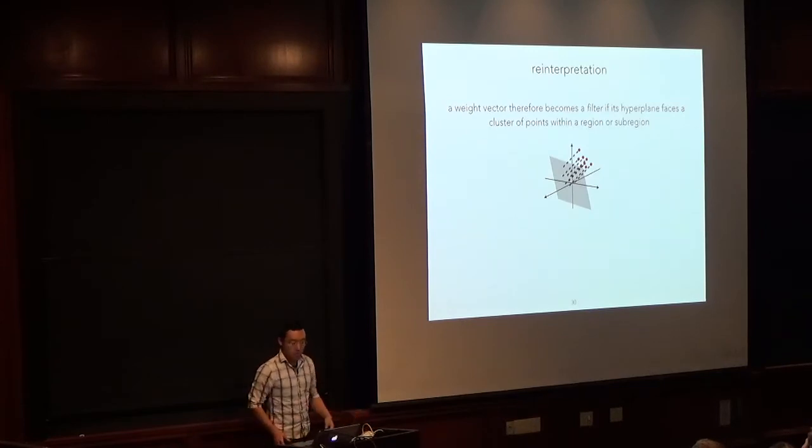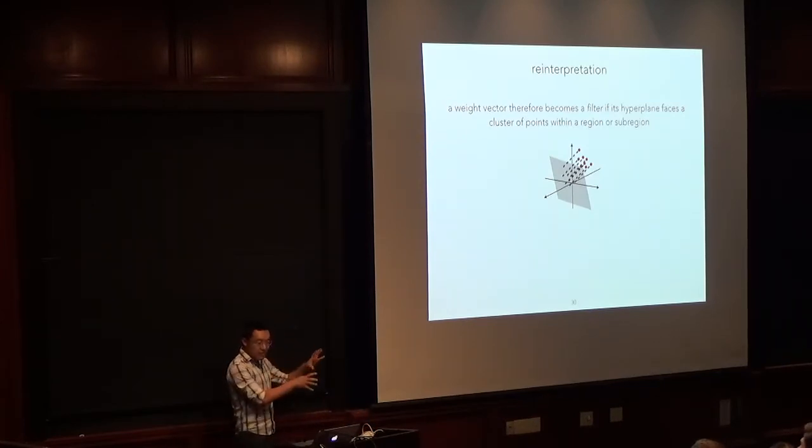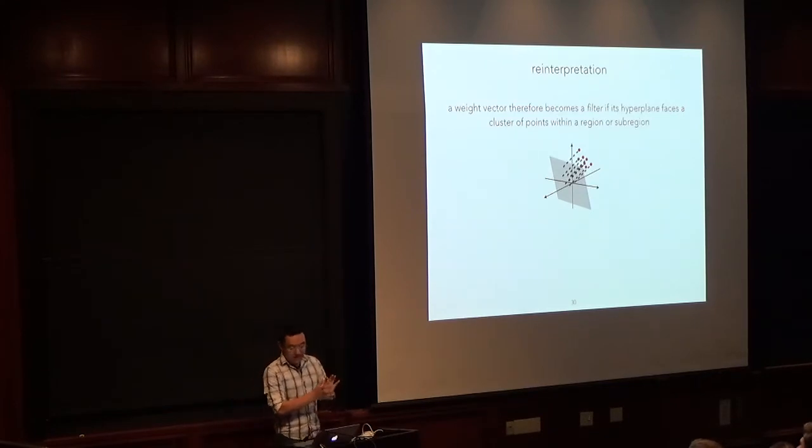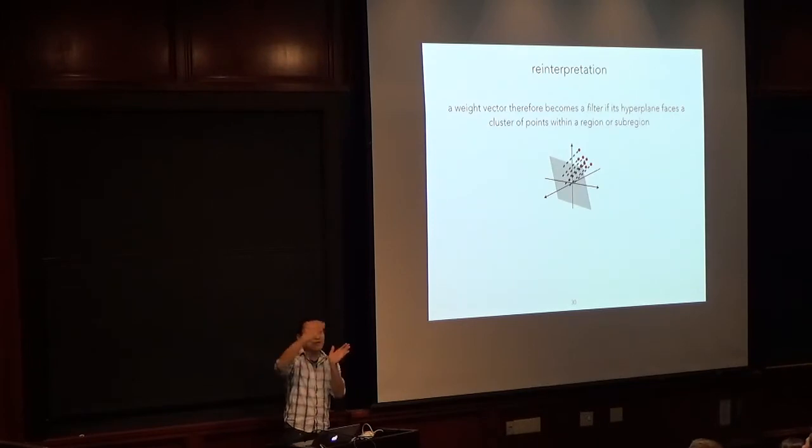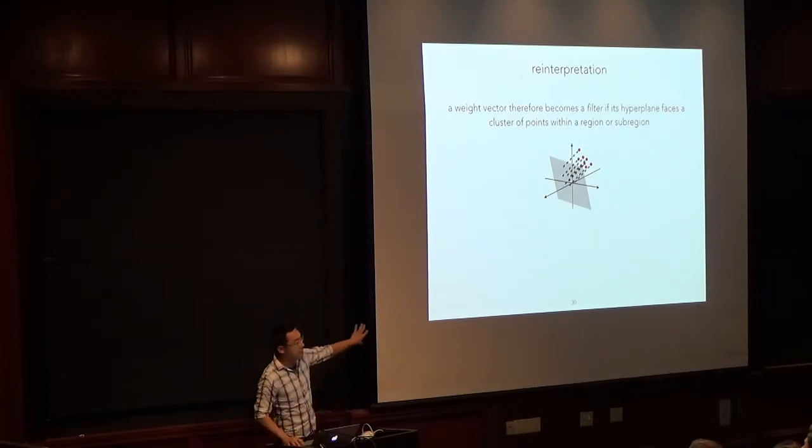So what does that mean? That means the output of any individual neuron can be interpreted as a feature, right? Because we're stacking these. And what do these features mean? It's a feature that's positive if the points tend to be over here, generally speaking, and negative if the points tend to be over there.